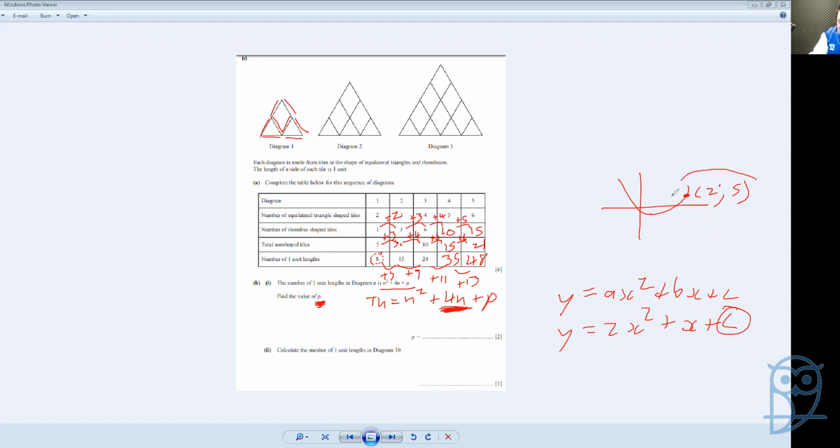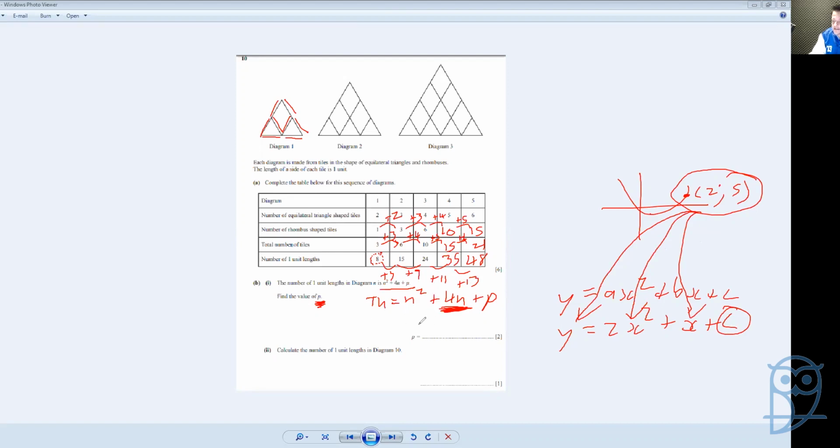You're going to take some other point on the graph, and you're going to sub in the y, you're going to sub in the x, and you're going to find c because it's going to be the last unknown. This idea is now applied exactly the same way here.